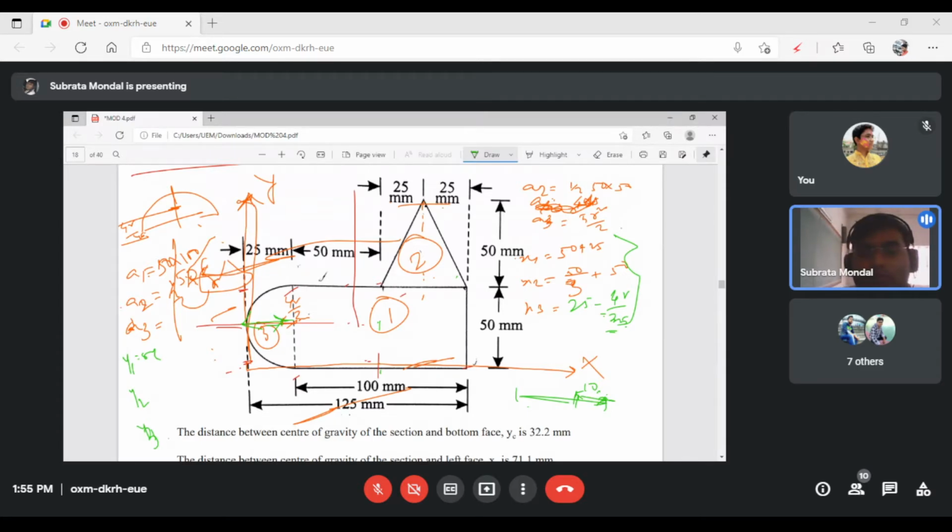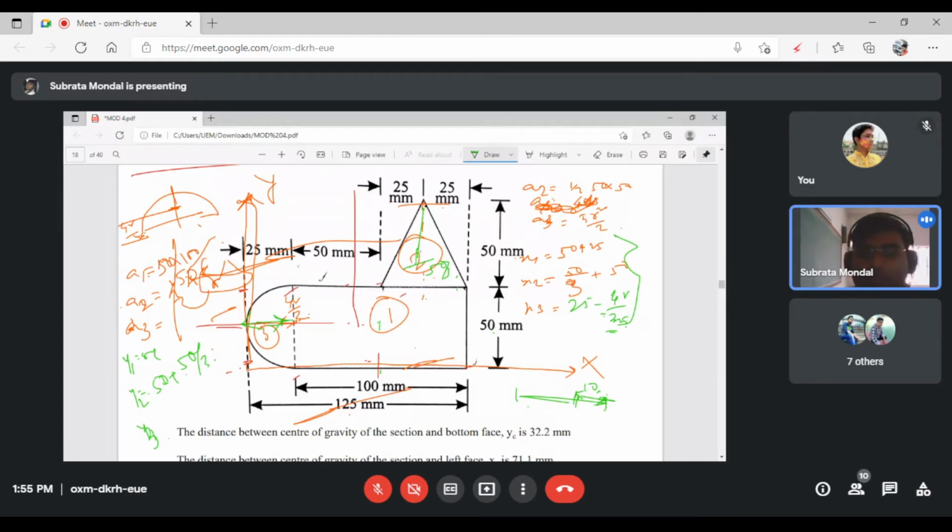Y2 is 1/3, that is 50 by 3, plus this 50. So y2 is 50 plus 50 by 3.